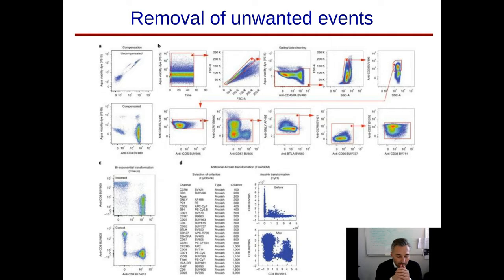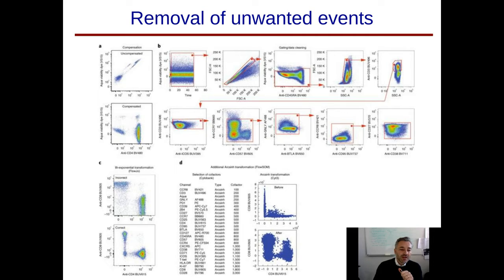Now we tend not to do that anymore because otherwise it would be a huge waste of time. Obviously we check that everything is fine in terms of quality of the data, but we don't really check the position of every single population. That should be done by doing a strong and very defined QC on your machine or on your panel development.